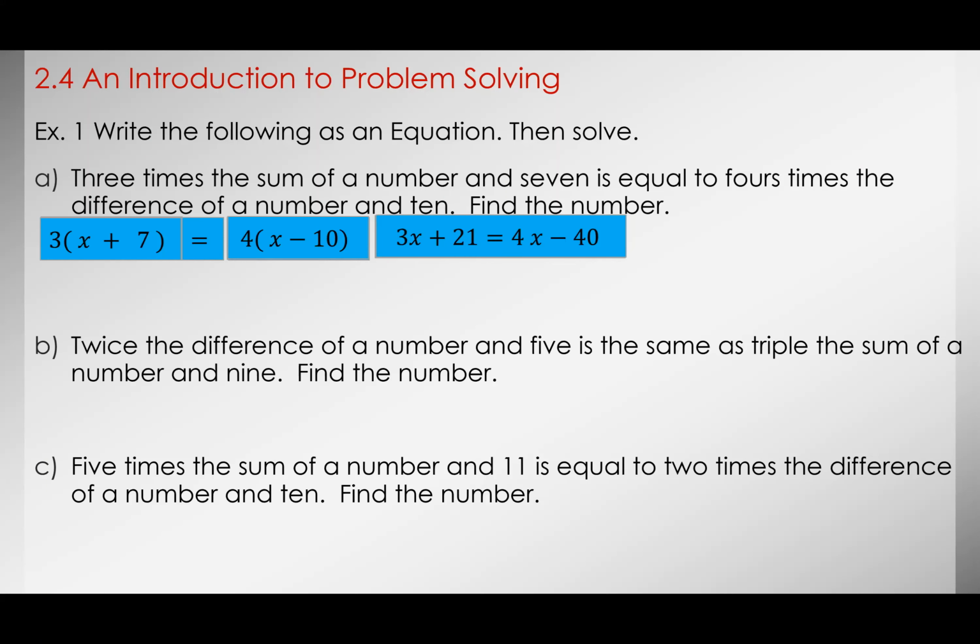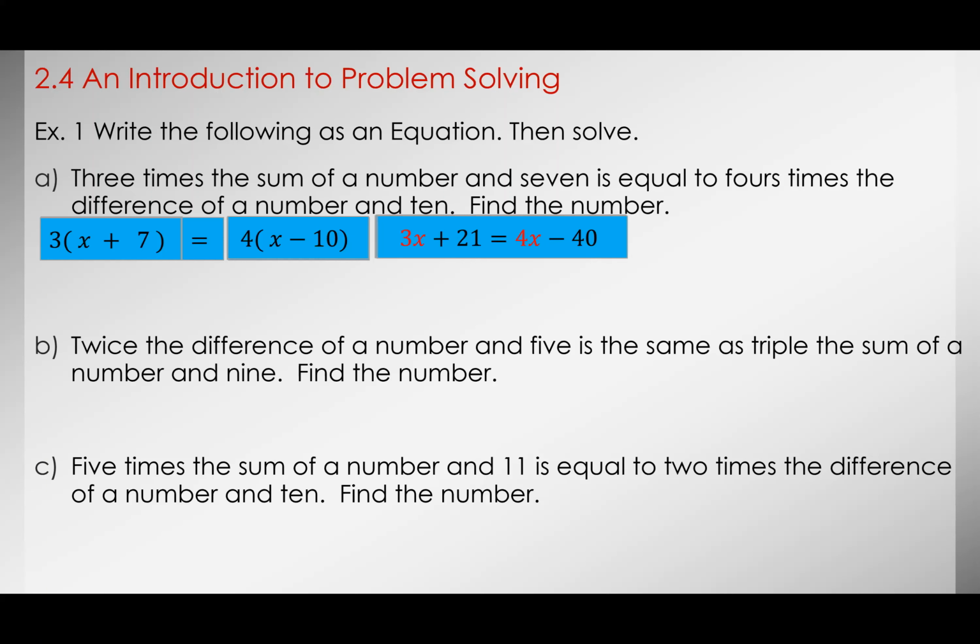And 4 times x is 4x, and 4 times negative 10 gives you negative 40. So everybody see this is what we have after you translate them. We need to solve for x, and to solve for x, we have a parenthesis, so we need to distribute them in. And once you distribute them in, hopefully you see that my x is on both sides.